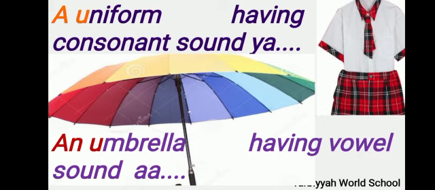In the second example, an umbrella. Here U is having a vowel sound A. So we put an before umbrella. Okay, so these are the rules. From that we can put a or an before the nouns.